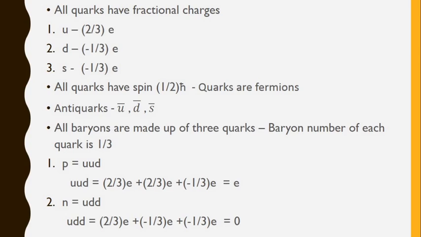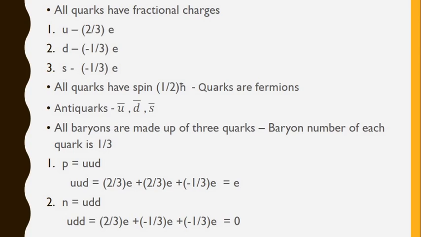Related to a particle, there will be an antiparticle also. Similarly, quarks have their antiparticles called antiquarks, given by U bar, D bar and S bar. We know the charge of the U quark is 2 by 3 e. Then what will be the charge of the U bar antiquark?